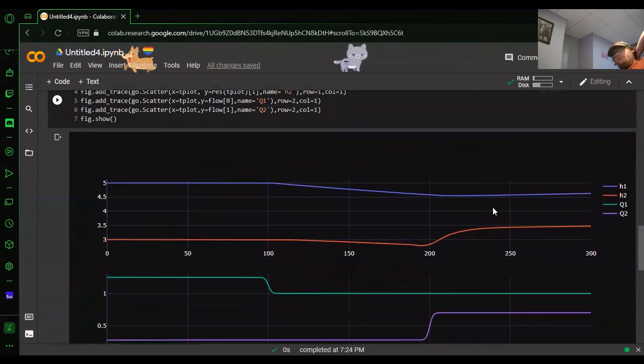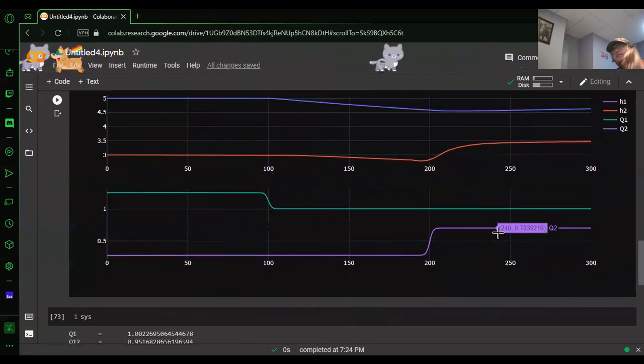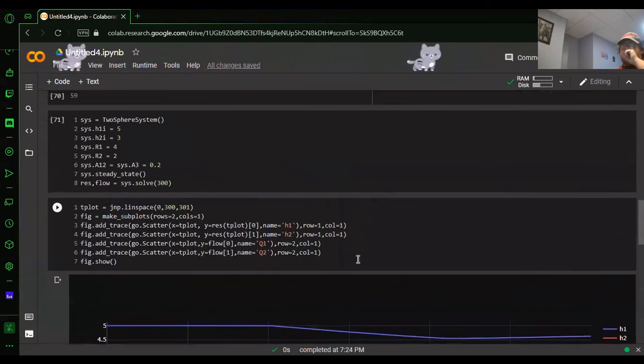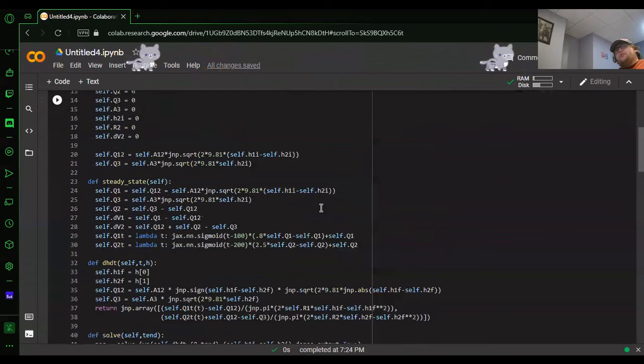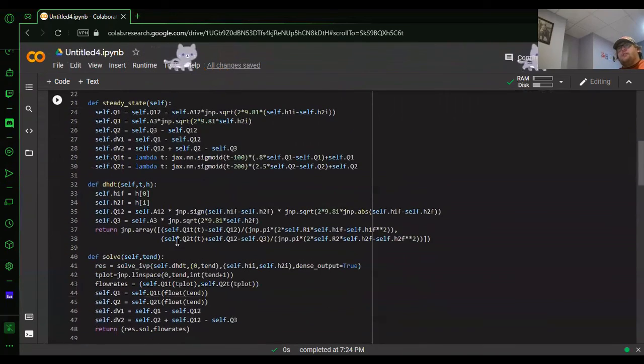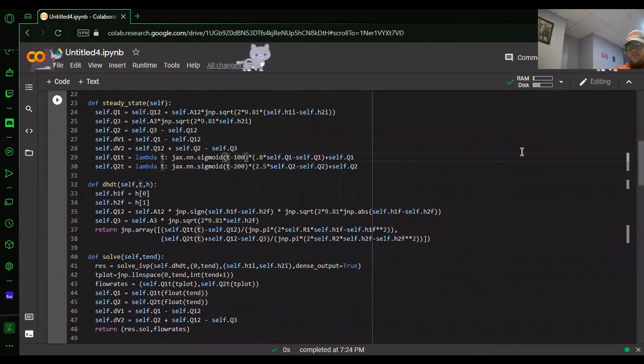Now, I kind of lied. Before we end this, let's look at how the scale affects our sigmoid functions. So, to add a scale to these, all we got to do is divide this by that scale.